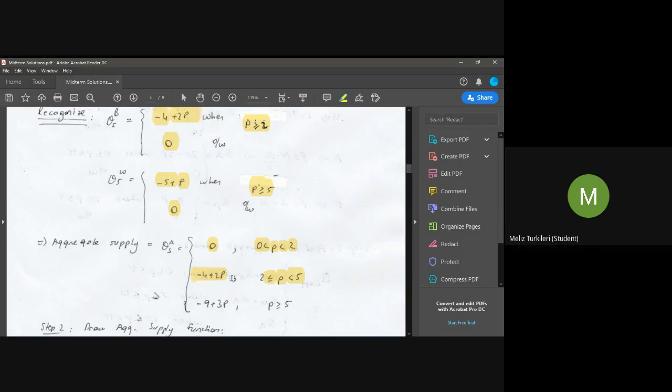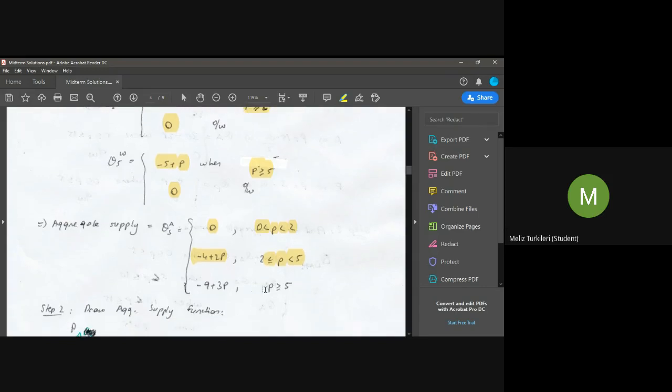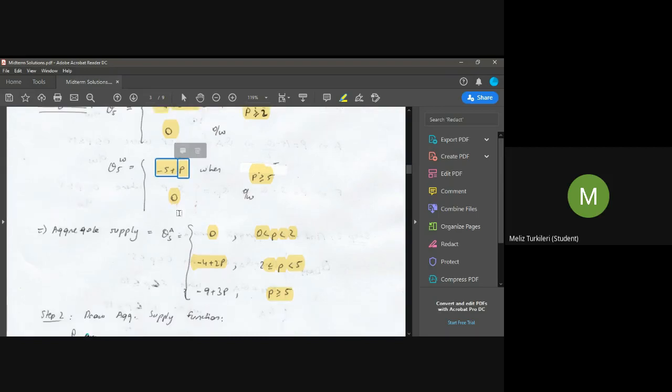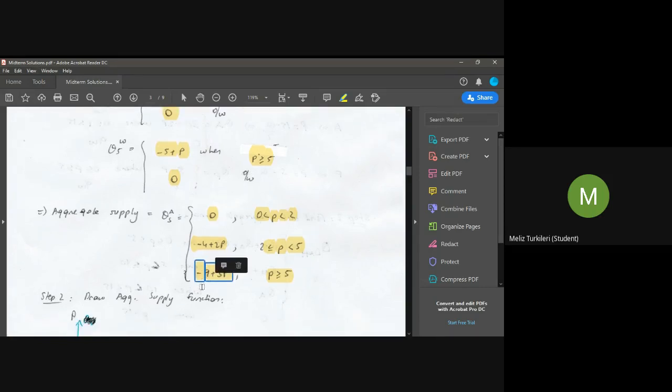And for the last part, when the price is higher than 5, both factories will be willing to supply some shirts for the market. Therefore, we have to add these two equations to each other and find out that aggregate supply is minus 9 plus 3p. I just summed the two supply functions and found this aggregate supply.